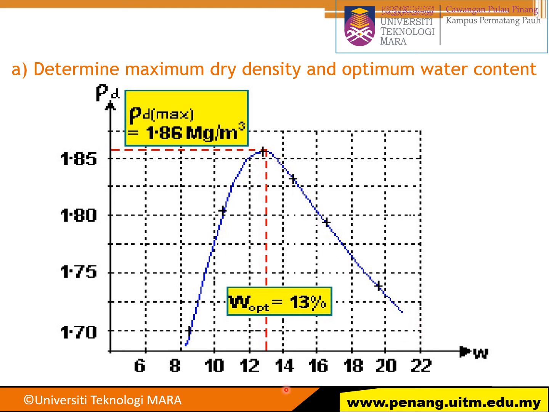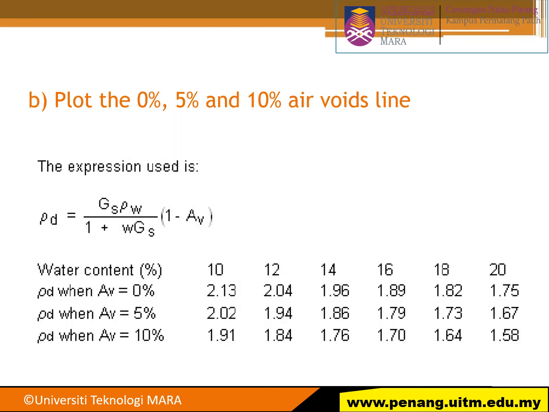The next step is to determine the maximum dry density and optimum water content. Here is the maximum dry density, and this one is the optimum moisture content. For example, here we have rho dry maximum 1.86 Mg per meter cube, and the optimum water content 30%. Next step, plot the 0%, 5%, and 10% air void line.